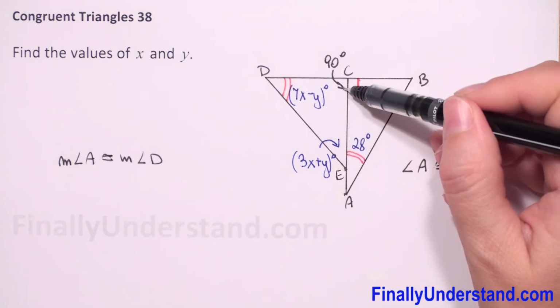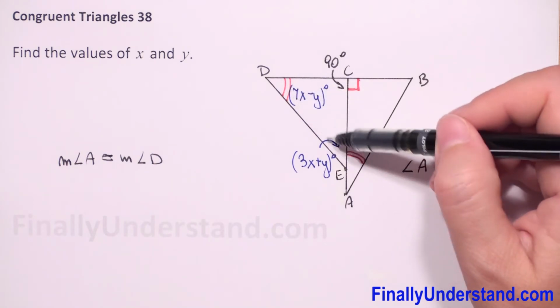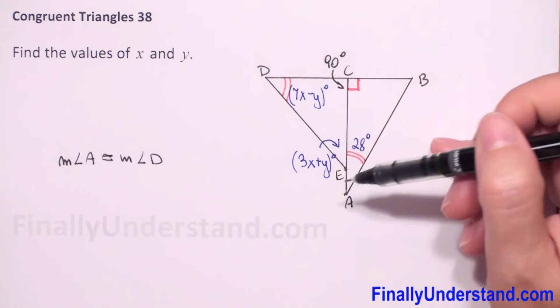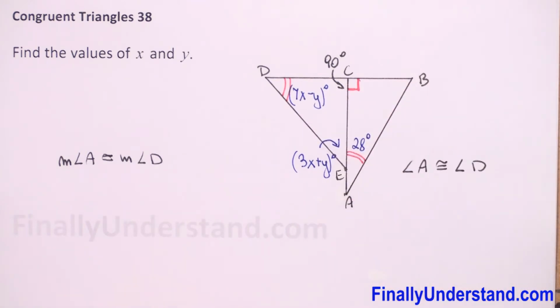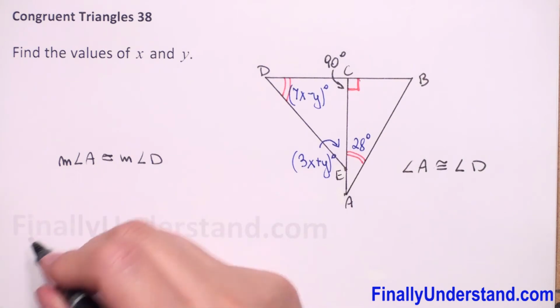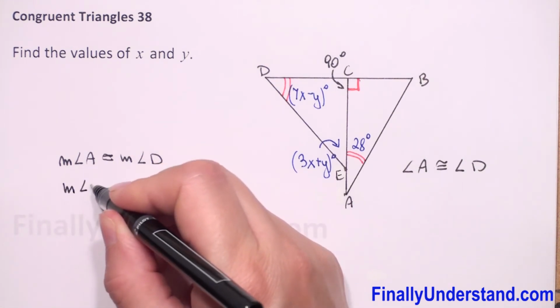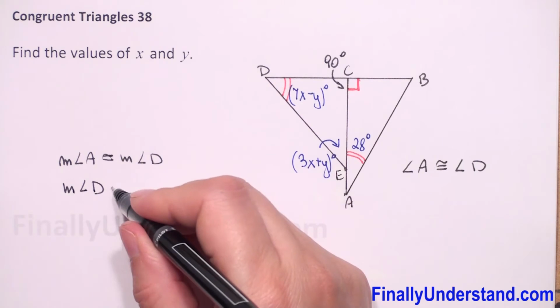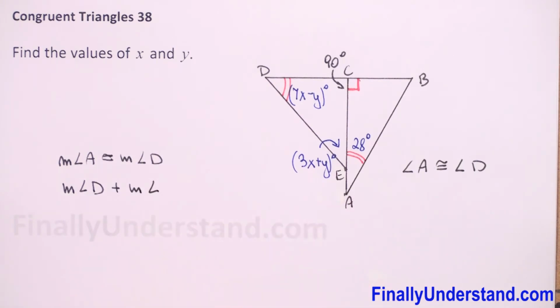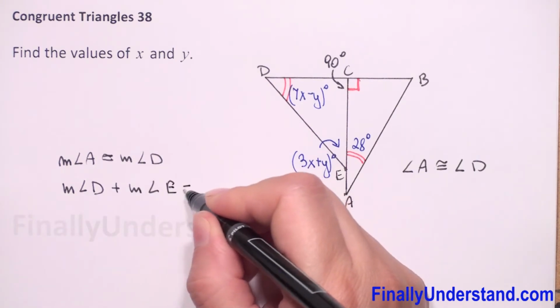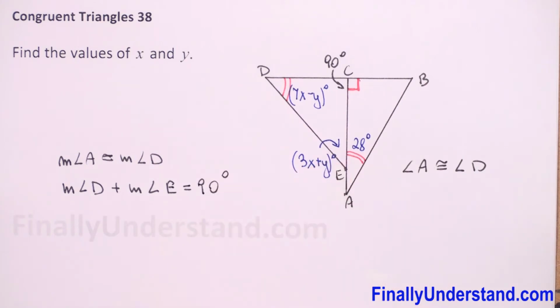This angle has 90, so these two angles must equal 90 degrees. So we can write measure of angle D plus measure of angle E is equal to 90 degrees.